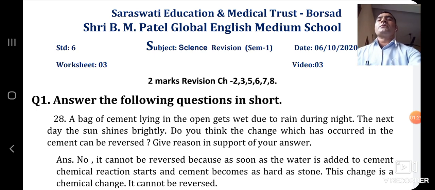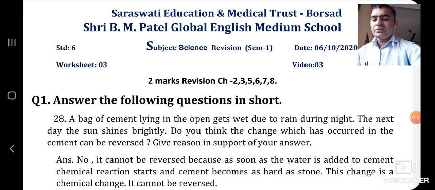No, it is not a reversible change. Why is it not a reversible change? Because the change that occurred is a chemical change, and most chemical changes are irreversible. So the answer is no, it cannot be reversed, because as soon as water is added to the cement, a chemical reaction starts and the cement becomes as hard as stone.